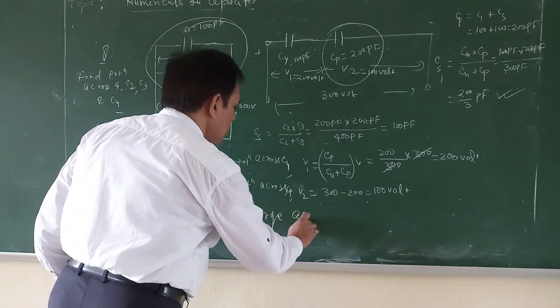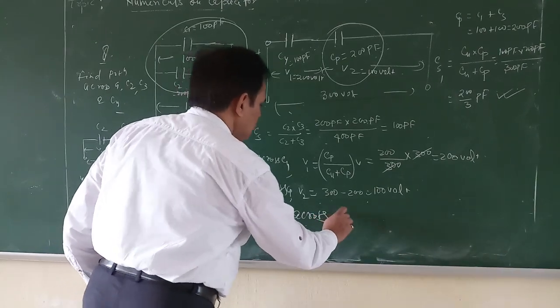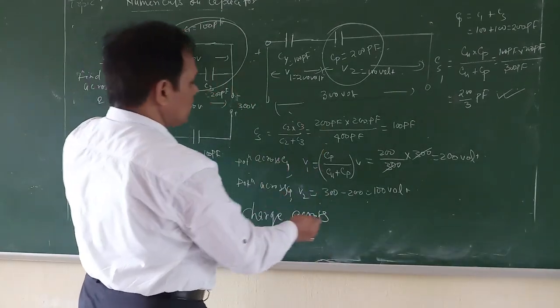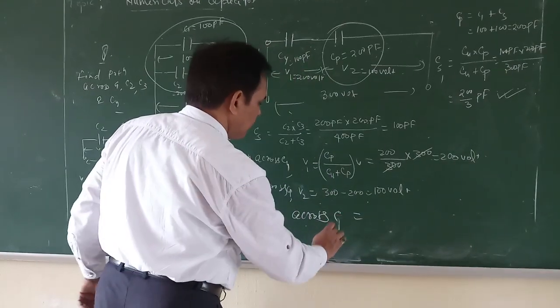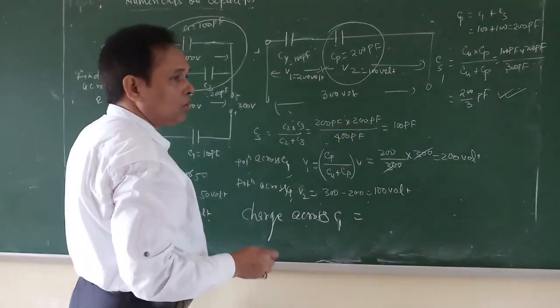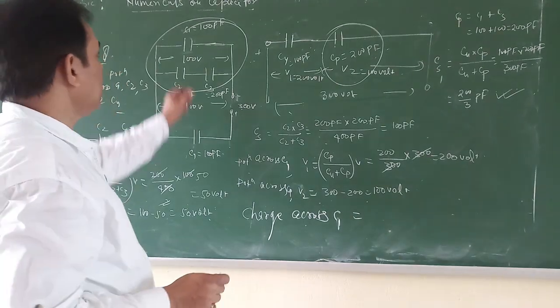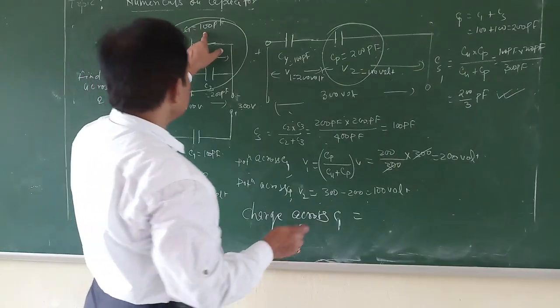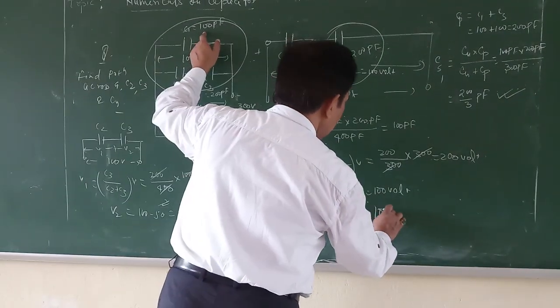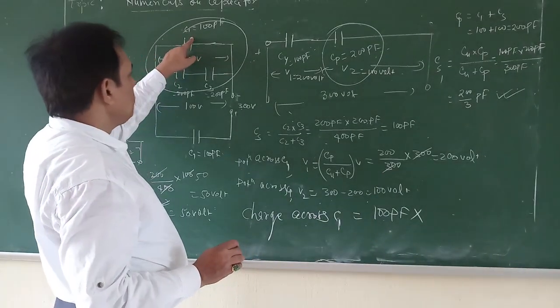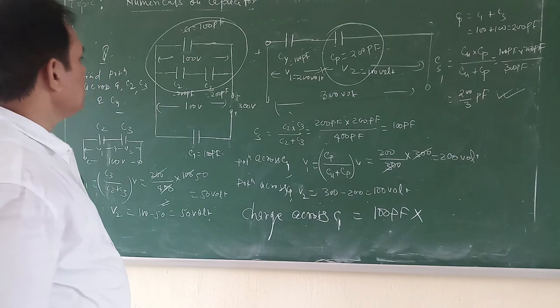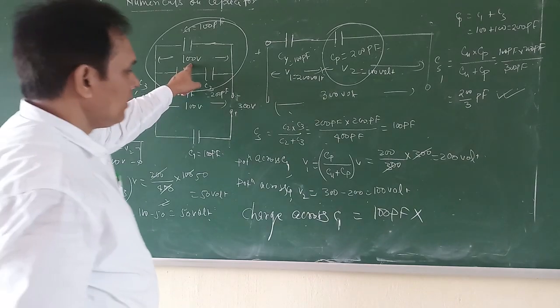So charge across C1. Suppose you have to find the charge across C1. So charge equals capacitance into potential. Capacitance is 100 picofarad, and potential across C1 is 100 volt.